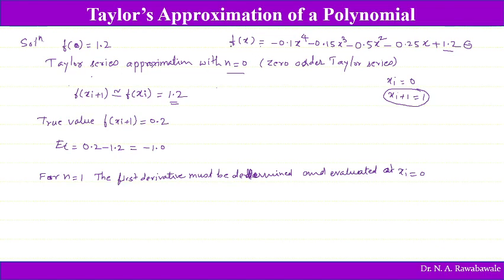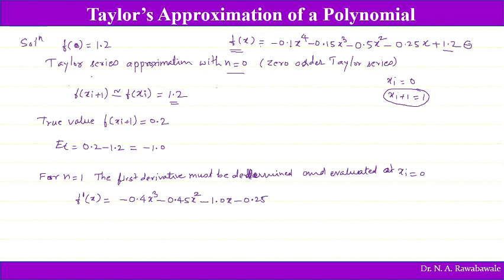So first derivative of this f of x function, that is f dash of x, will be minus 0.4 x to the power of 3 minus 0.45 x square minus 1.0 x minus 0.25. So this is first derivative of this function f of x.